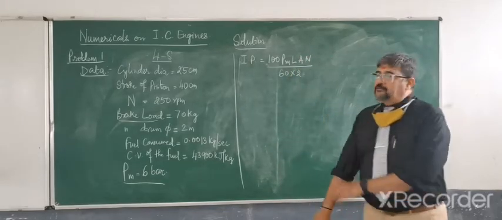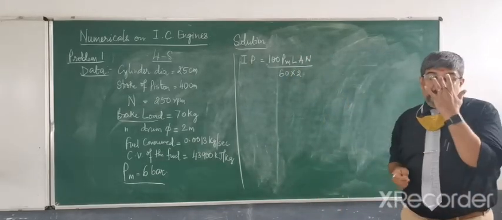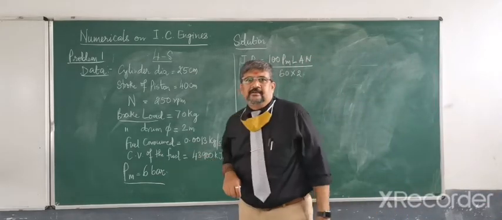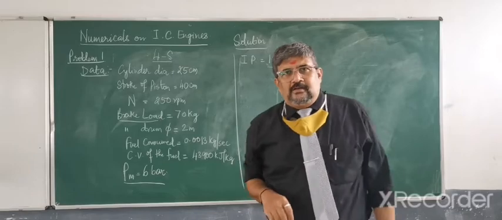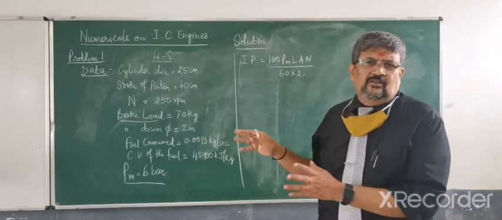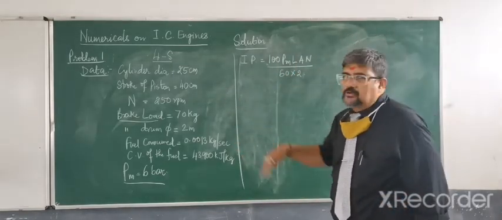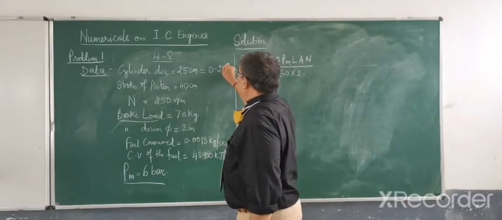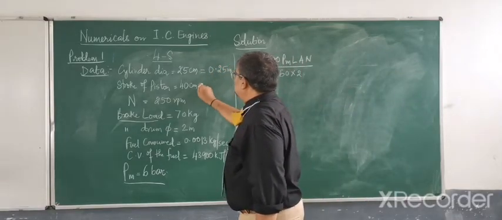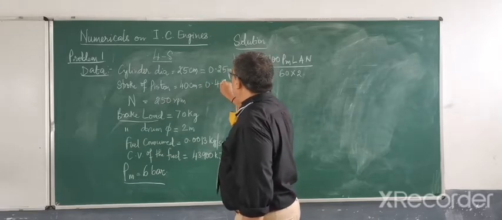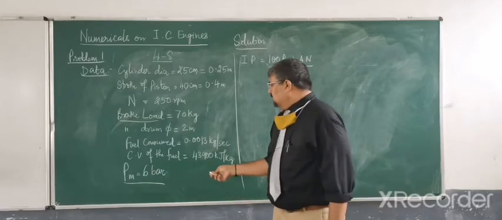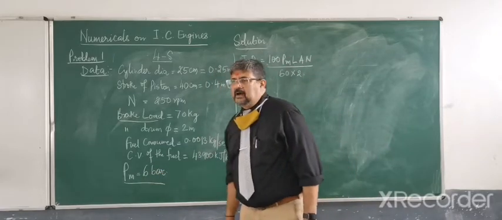Before we substitute the values, you can see that these are given in centimeters. Normally, SI units are used in the numerical. So 25 centimeters is 0.25 meters, this is 0.4 meters, and the pressure is given in bar.